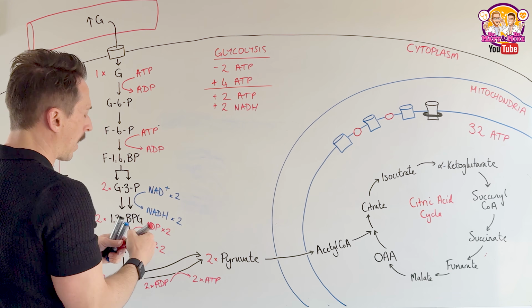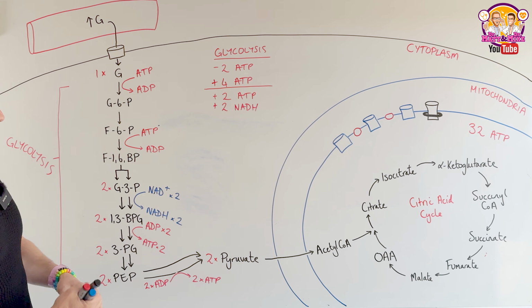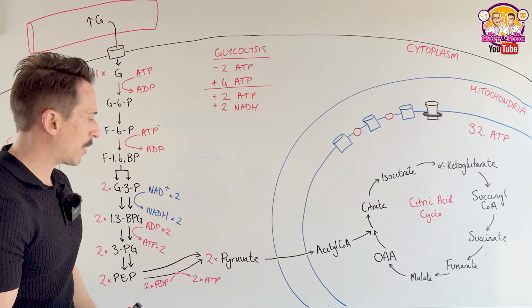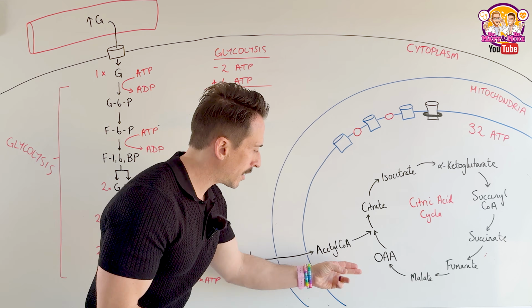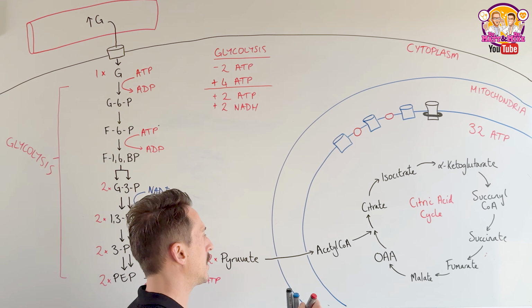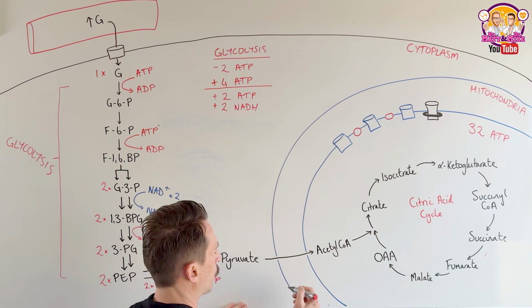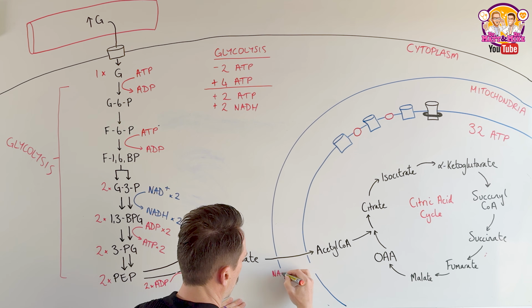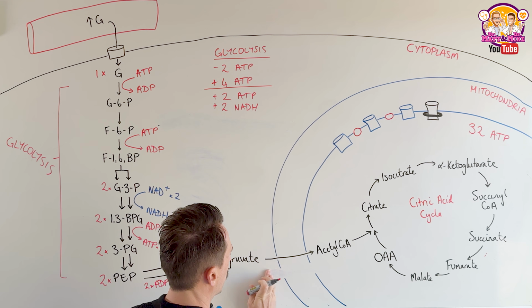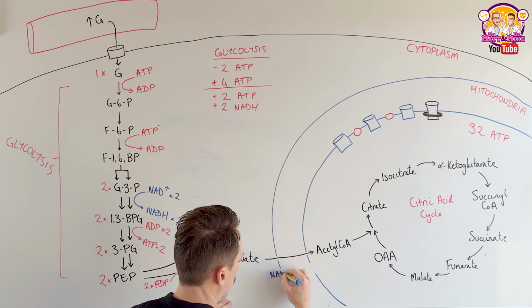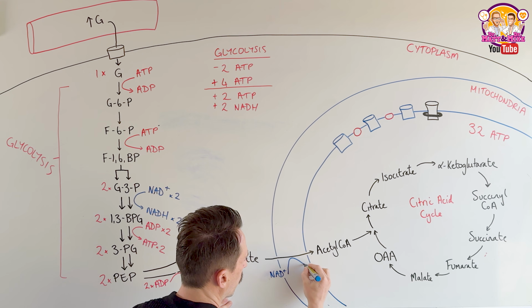All right, great. Now what we need to talk about is entering the mitochondria. So the pyruvate that we've made, the 2 pyruvate, enter the mitochondria and turn into acetyl-CoA. Interestingly, in this process of creating acetyl-CoA, it turns NAD+ into, what do you reckon?